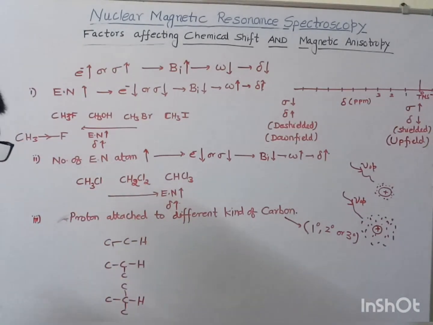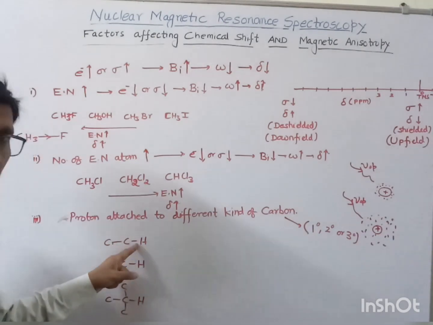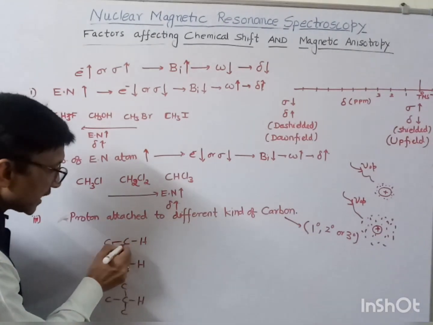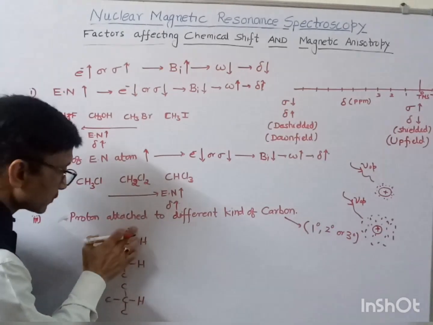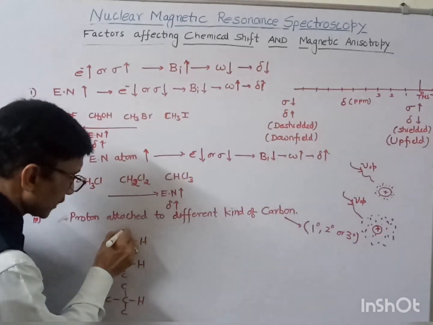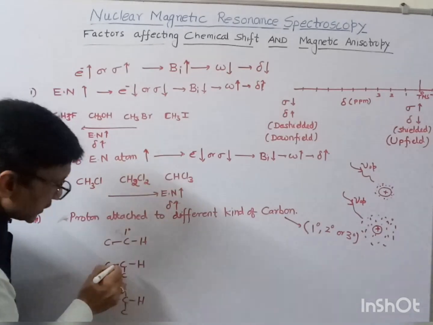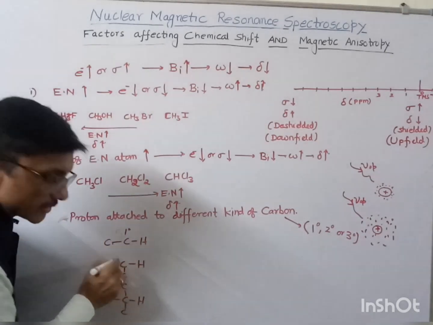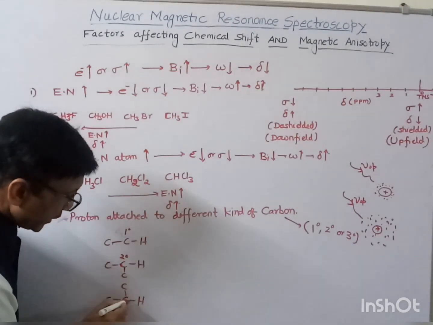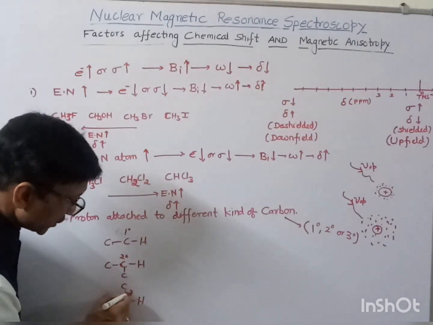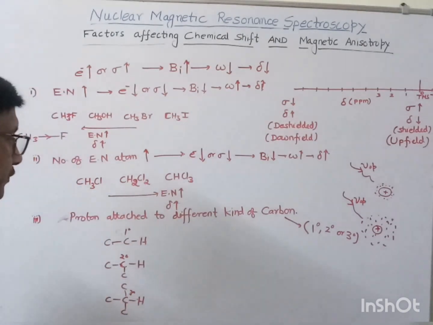Three cases. Now if you see here, this proton is connected to a primary carbon. This is a primary carbon. This proton is connected to a secondary carbon. This carbon is secondary in nature. Here this proton is connected to a tertiary carbon. This is tertiary in nature.